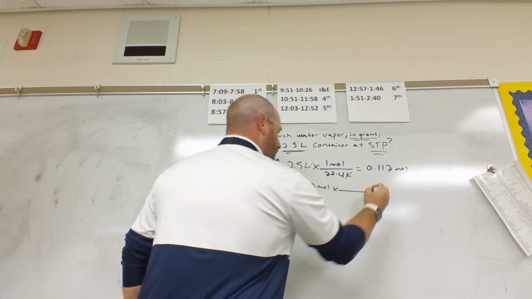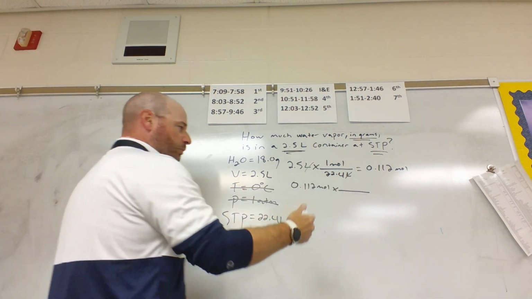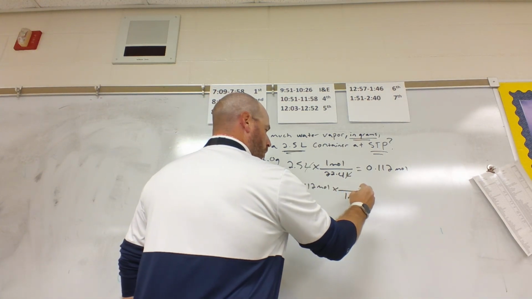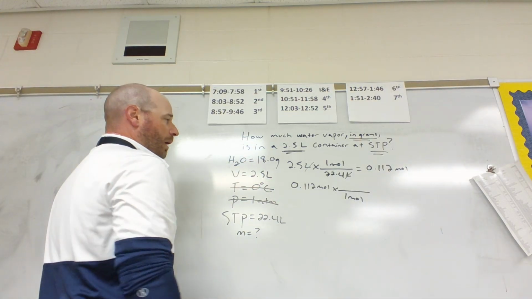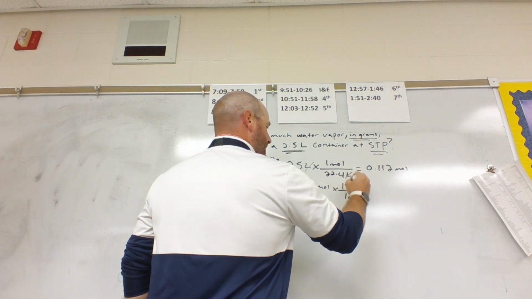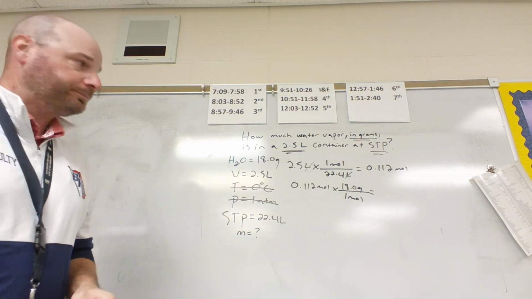And we're going to moles to mass. Moles to mass is multiply. Anything to moles is divide. So we're multiplying here. So I'm putting my 1 mole down here. And I'm putting my molar mass of H2O, my water, up here at 18.0 grams. Go ahead and multiply that.